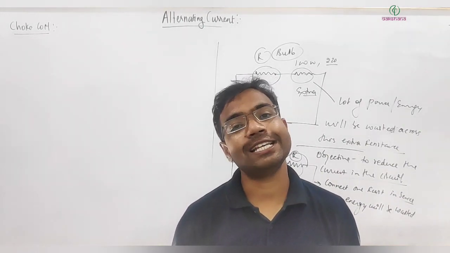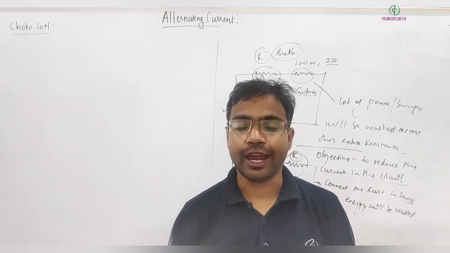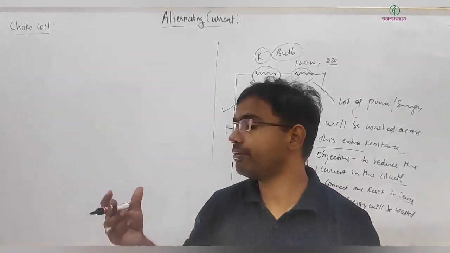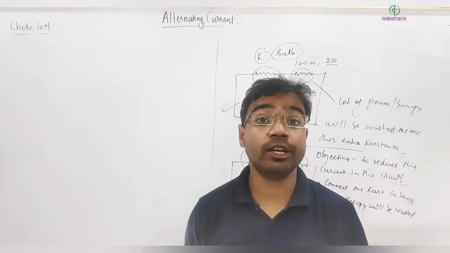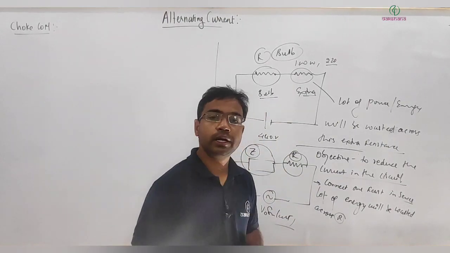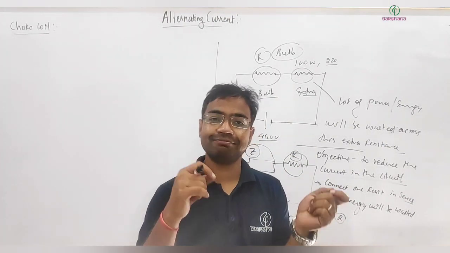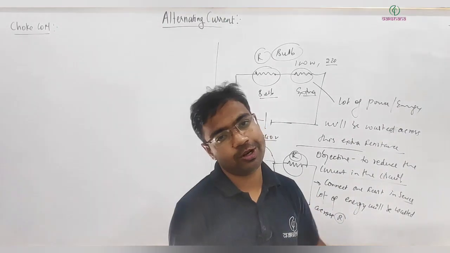So if it has impedance and reactance, that means it will reduce the current, and if it reduces the current, by default, I into Z, it will reduce the voltage also. So it's fulfilling our requirement, right? And with the least power loss, or not at all.